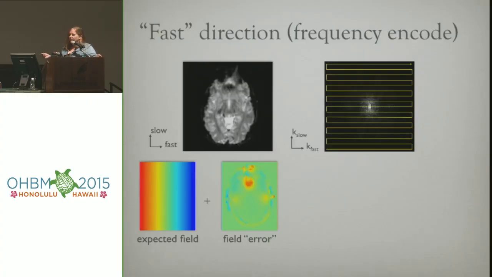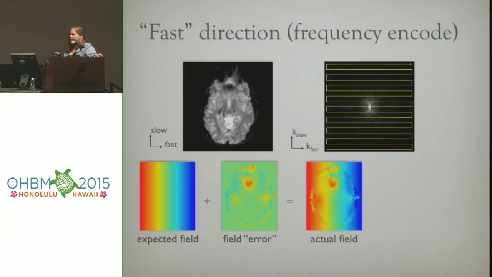magnetic field. And so if we think about the process of image formation, we think that we have this expected field, and we're going to use that to determine where the signal is coming from. But we have this error on top of it. And so the actual field that we get might look something like this. So when we then try to interpret the frequency of the signal, the rate of precession, as telling us where the signal came from, we get some error.